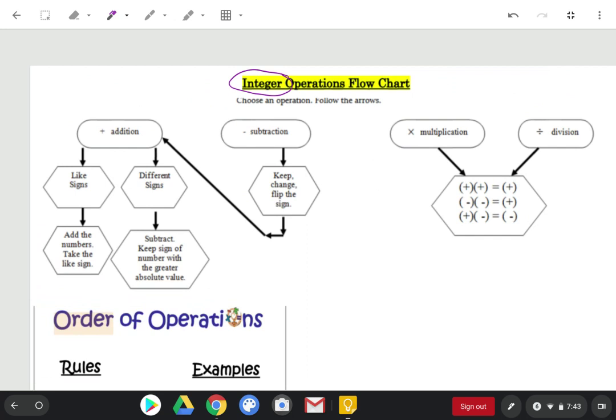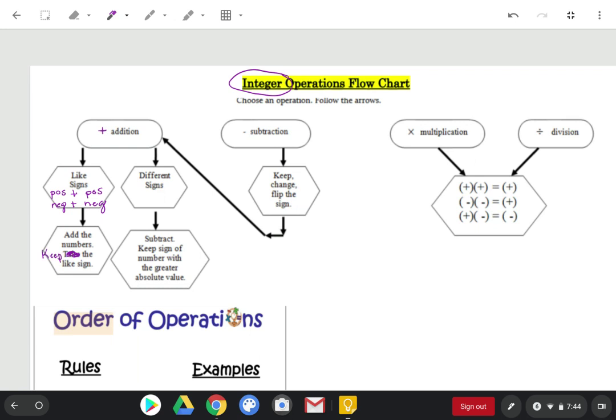If we are adding two numbers that have like signs, and what I mean by like signs is if I'm adding a positive number plus a positive number, or a negative number plus a negative number, notice they have like signs. I'm supposed to add the numbers and keep the like sign.